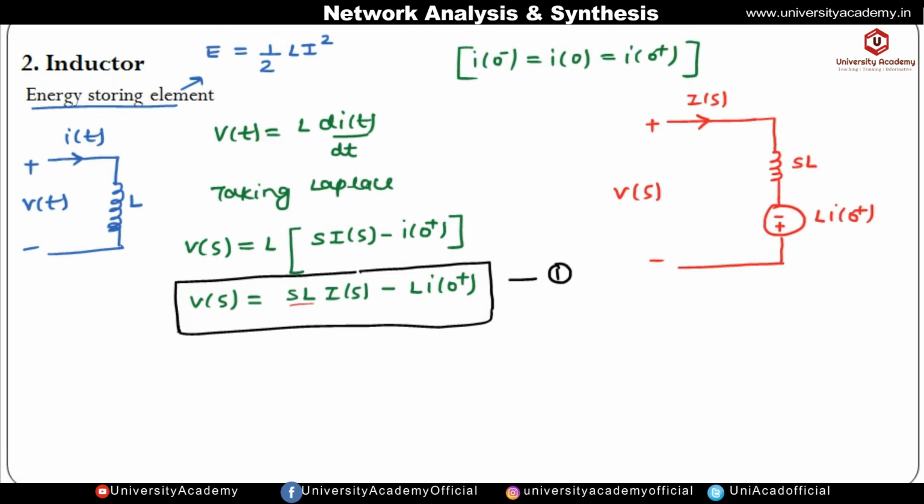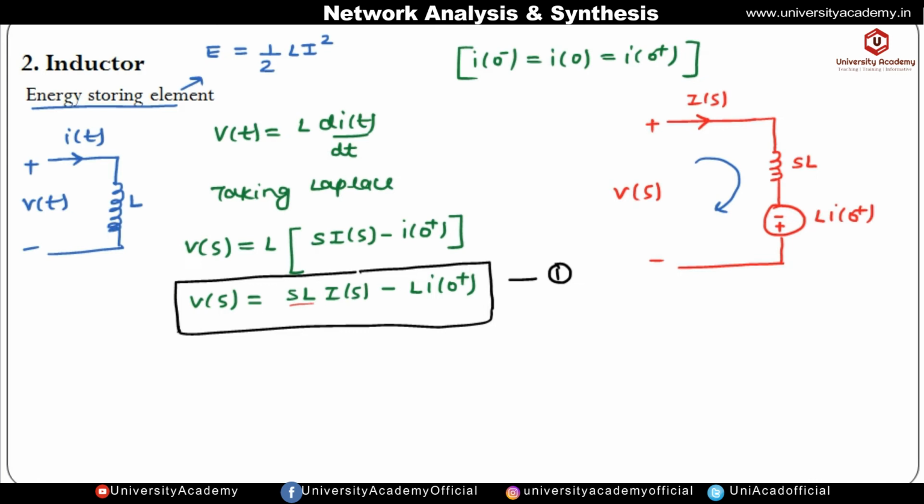If you write the KVL equation, you will get V of s equal to sL into I of s, that is the voltage drop across the inductor, plus, the first sign is minus, L into I of 0 positive. So it means the inductor in the s domain, L will be replaced by s into L, and if there are initial conditions and you want to represent them with a voltage source, then you have to take the sign such that it supports the I of s current.